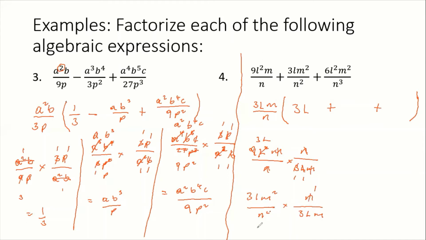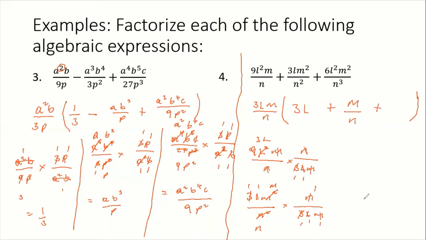N into N squared will give us N. Here now, 3 into 3, that's 1. 3 into this 3, that's 1, too. L into L, that's 1. L into this L, that's 1. M into M, that's 1. And M into M squared, that will give us M. When we multiply, all we'll get here is just M over N as our solution. So write it here as M over N.